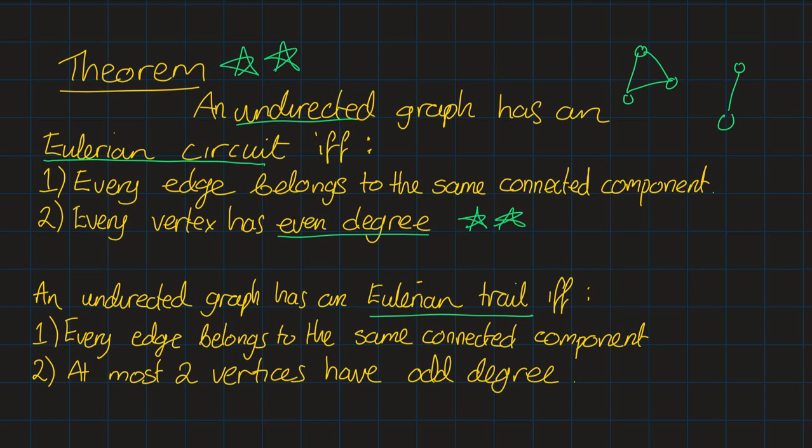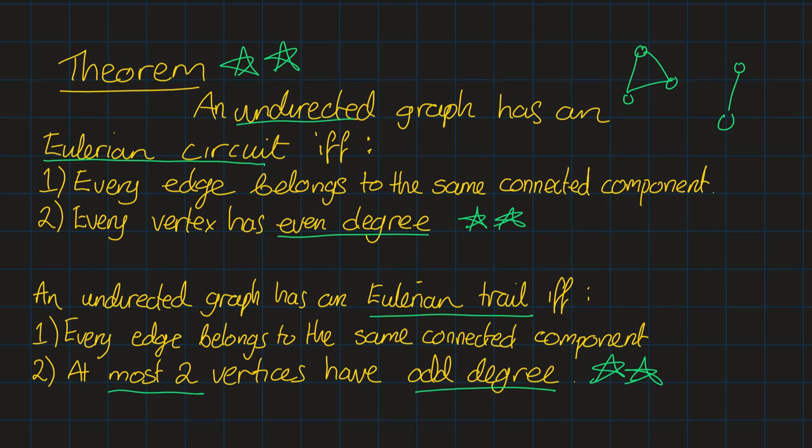That's the same condition as the previous one. But now condition 2 says at most 2 vertices have odd degree. Whereas in the first case, every vertex has to have even degree, so no vertex has odd degree. If you just want an Eulerian trail, you're allowed to have 2 vertices which have odd degree. And this is a very important theorem.